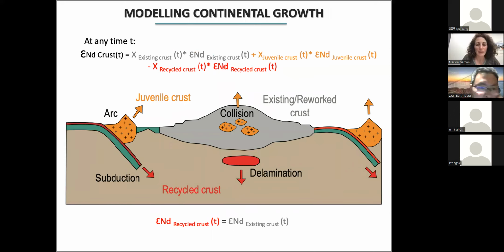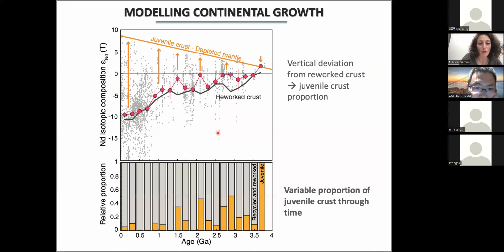But basically what I say is that you can calculate the average age of the existing crust at any point t, which is what I call the reworked crust here. And this is supposed to reflect the average age of the existing crust at the time of the sediment formation. So in this way, you take into account the possible mixtures of different old cratons, and this is what I call the reworked crust.